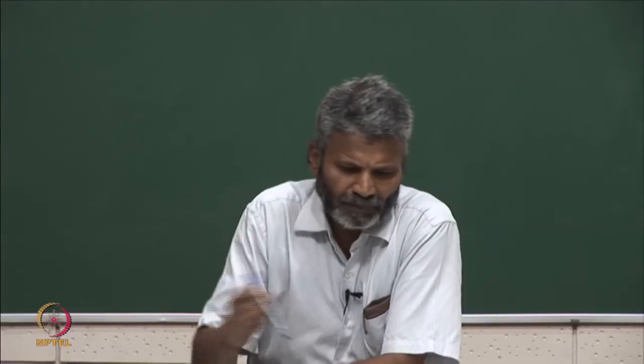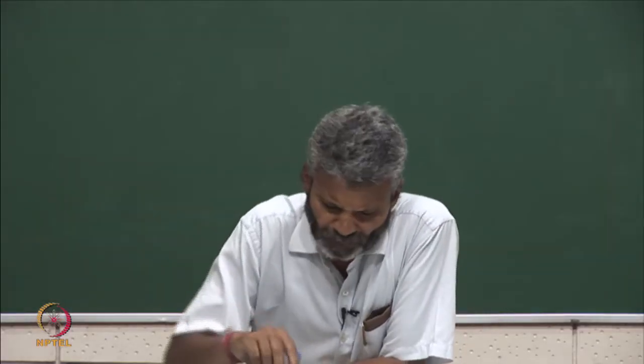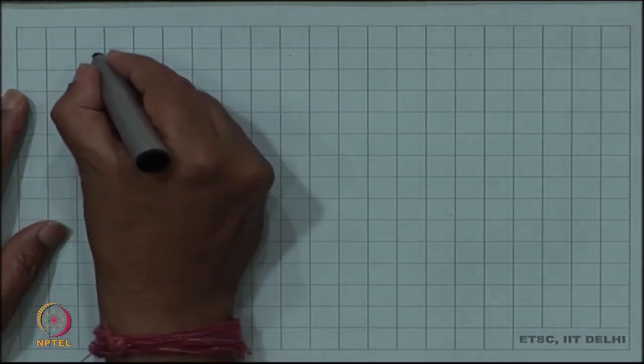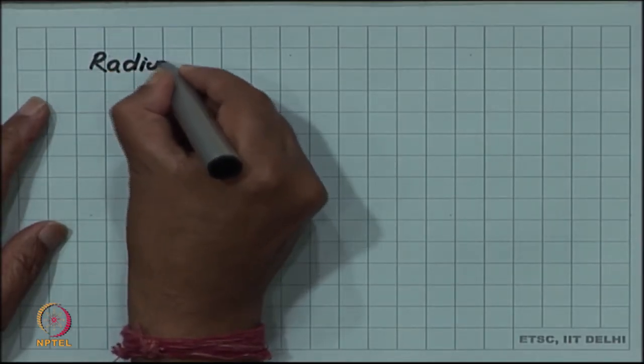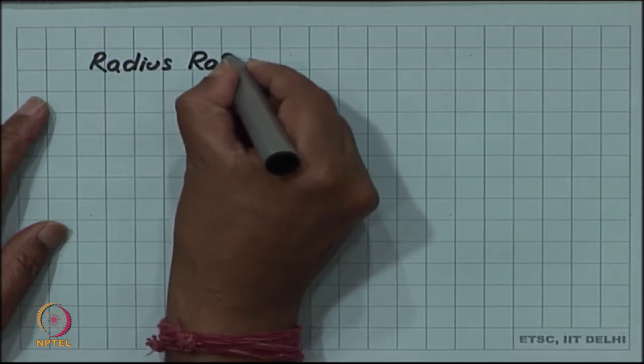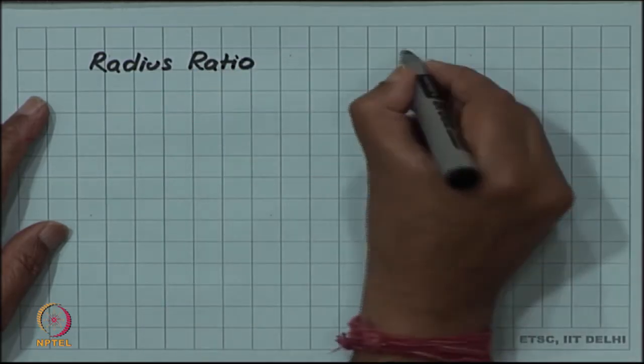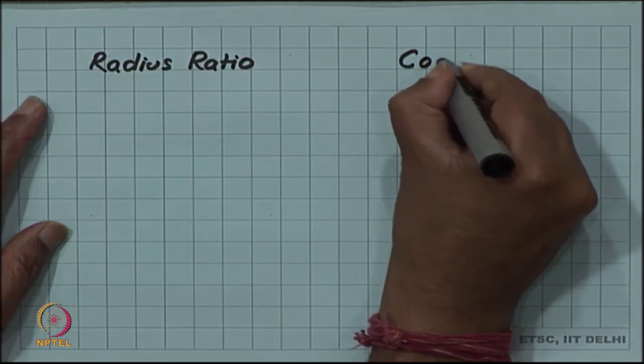Yes. So, let us summarize what we have said till now in terms of radius ratio and coordination number. So, let us have a column of radius ratio and let us have a column of coordination.